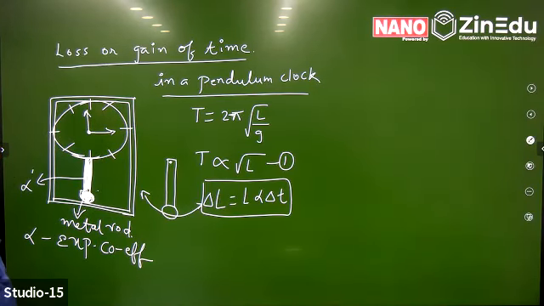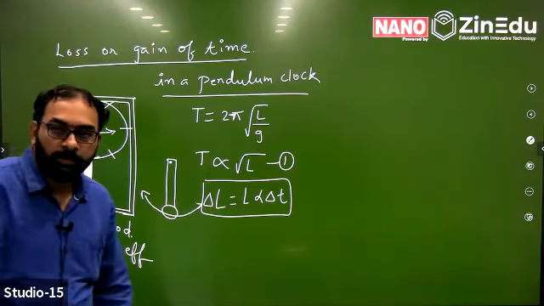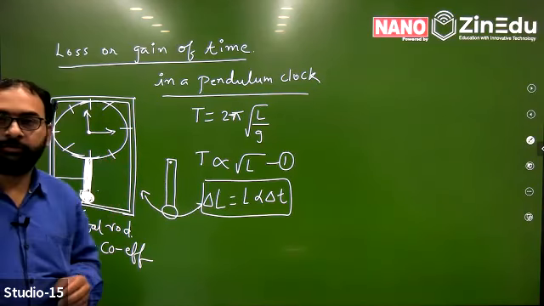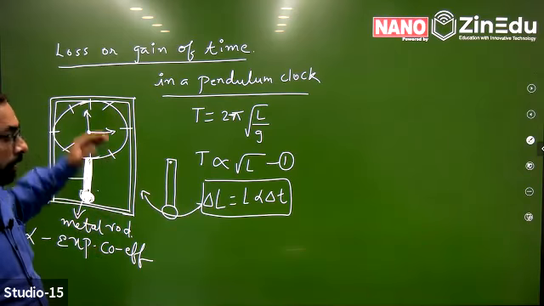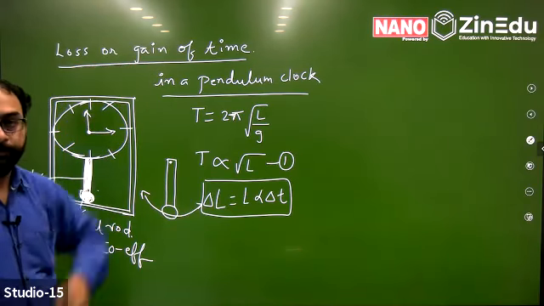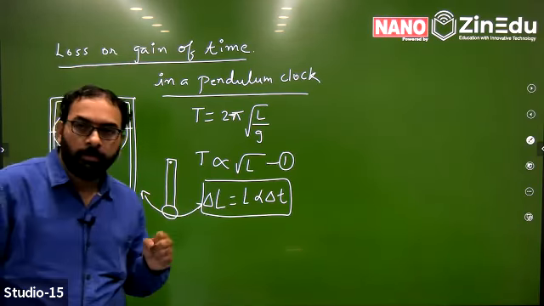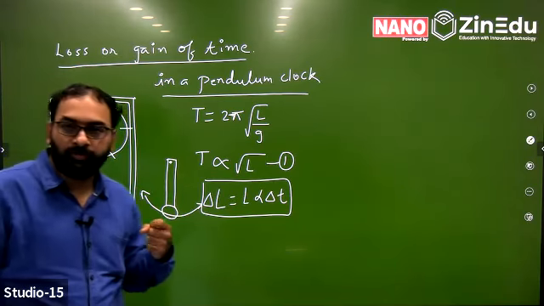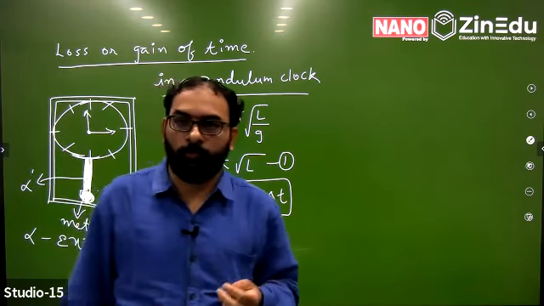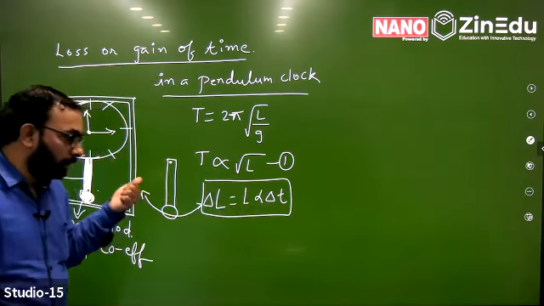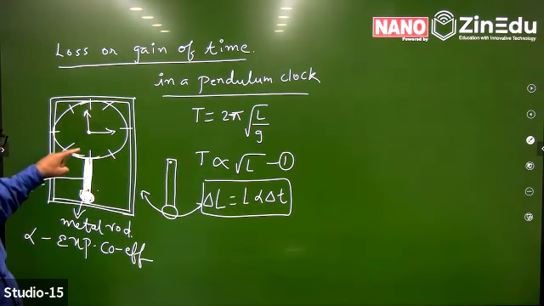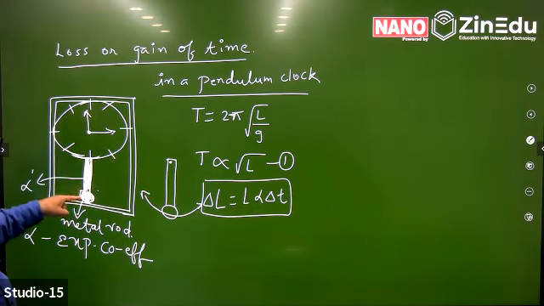Yeah. So this application is an application of linear expansion: loss or gain of time. Means the clock runs fast or it can run slow. I am taking a pendulum clock, and it has a rod that oscillates.